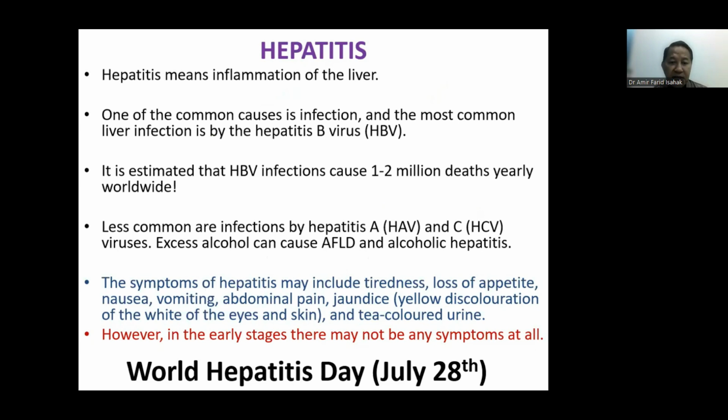It is estimated that HBV infections cause 1 to 2 million deaths yearly worldwide. Less common are infections by hepatitis A, HAV, and hepatitis C, HCV viruses. Excess alcohol can cause alcoholic fatty liver disease and alcoholic hepatitis, which is inflammation due to damage from alcohol.